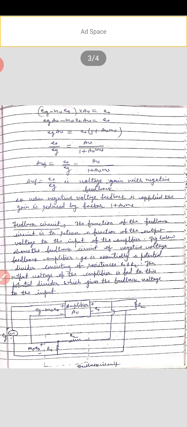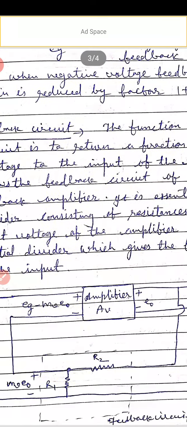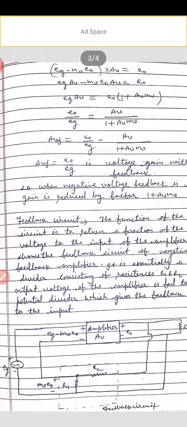It is essentially a potential divider consisting of resistances R1 and R2, and the output voltage of the amplifier is fed to this potential divider, which gives the feedback voltage to the input.